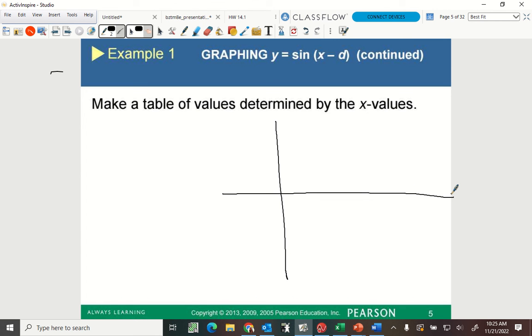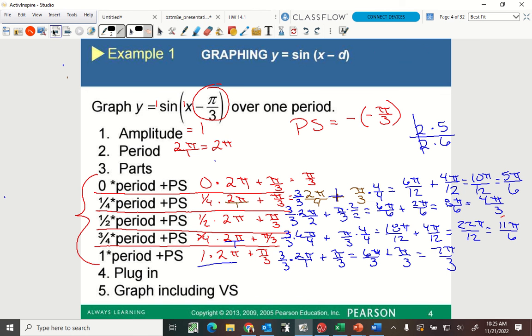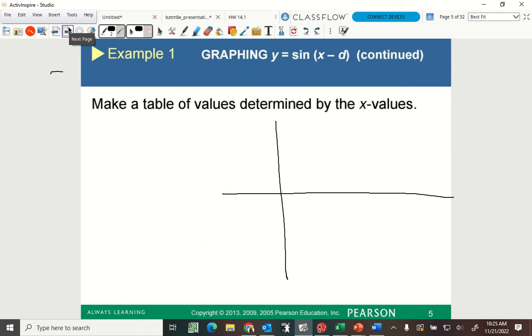In the middle. My 0 part came out to be pi over 3. So pi over 3 is going to be on the right-hand side. So if 0's here, pi over 3 would be right here.